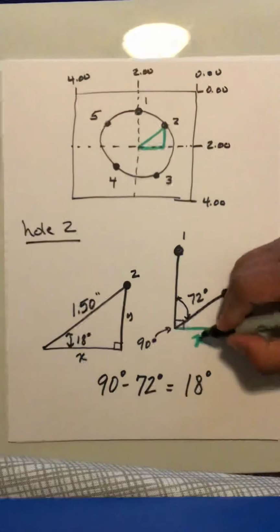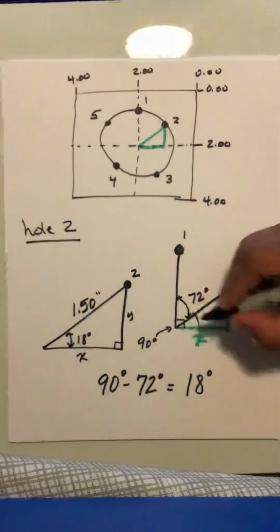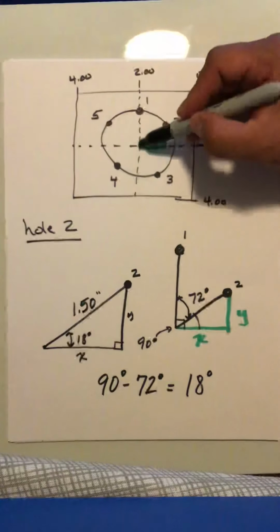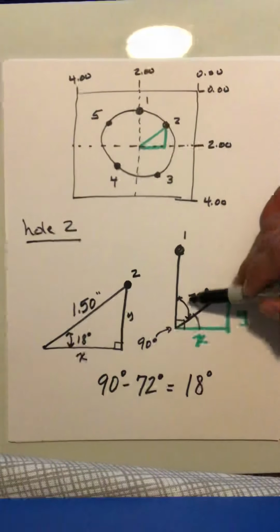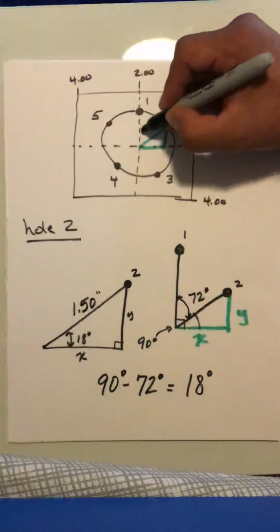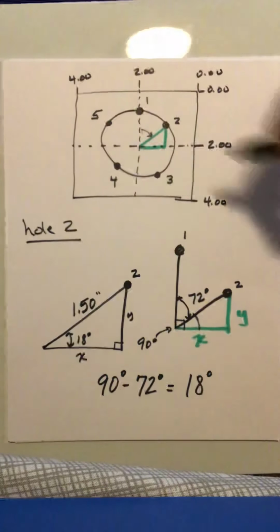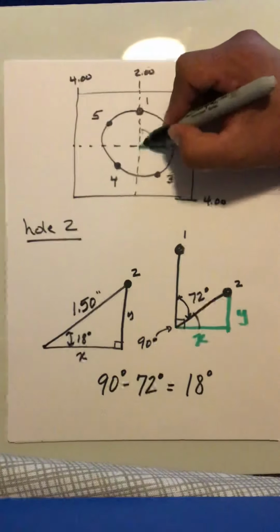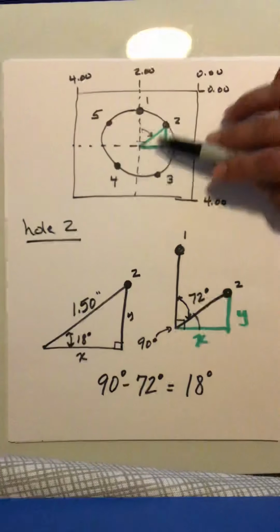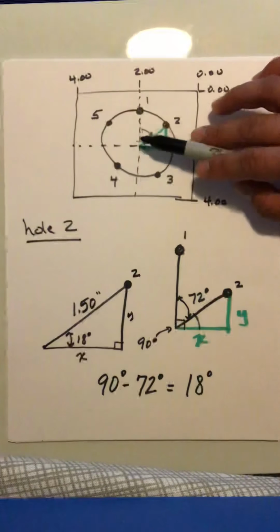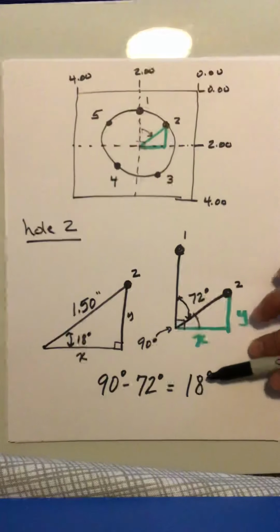So if I want to find the measurement of this angle right there, I'm going to take 90 minus 72. The 72 is the measurement from here to here, and 90 is from here to there. So 90 minus 72 gives me 18 degrees.